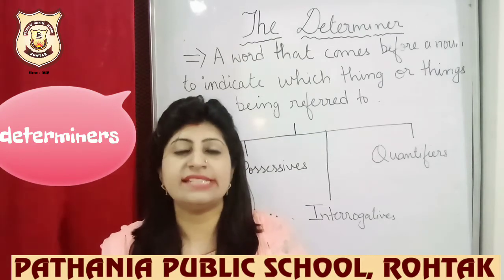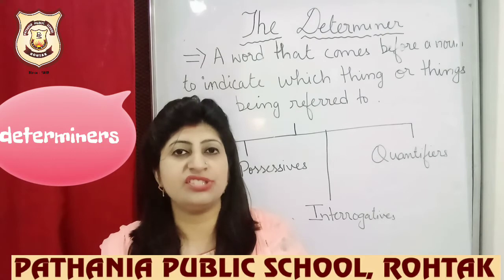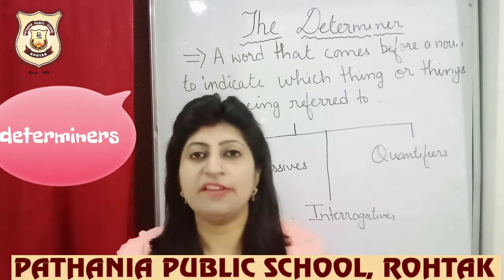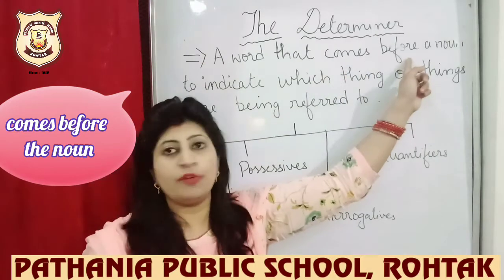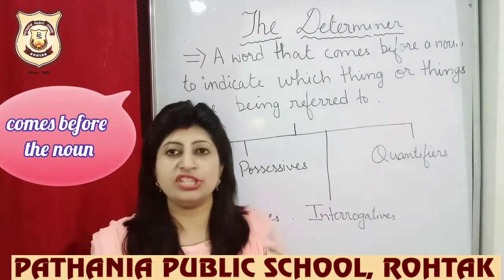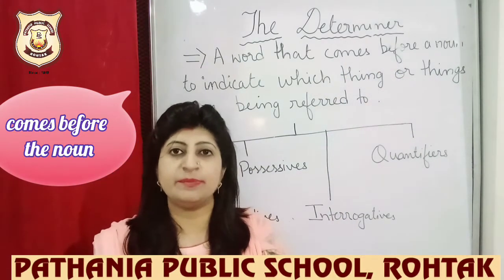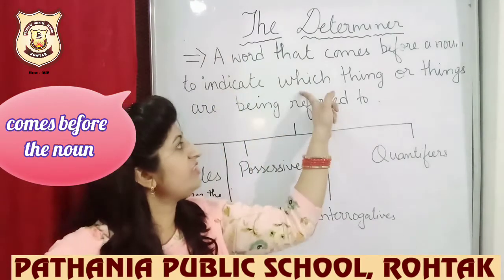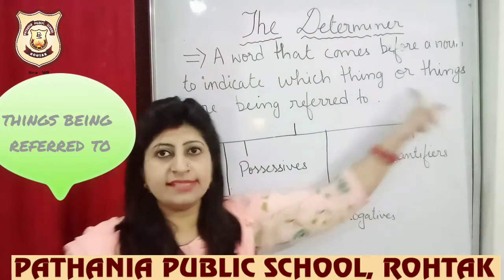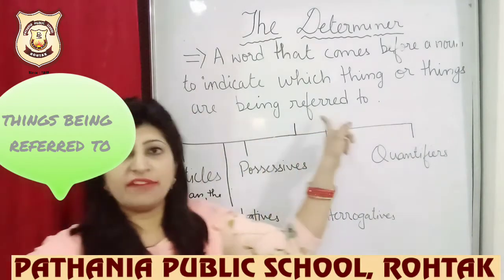First of all, let's get acquainted with the definition of determiners. The definition says: a word that comes before a noun. The position of a determiner is always before the noun, to indicate which thing or things are being referred to.